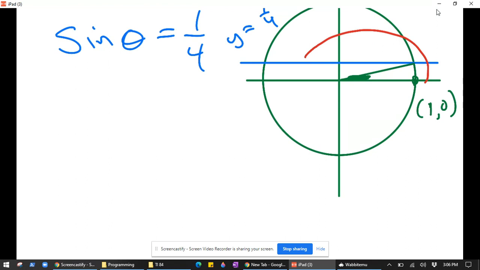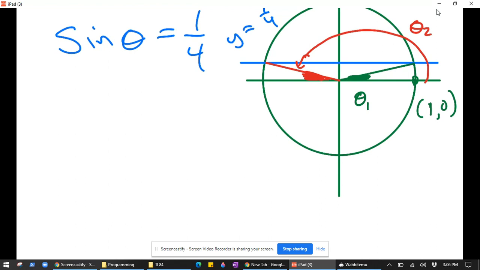Let me try making it one more time. There we go. Okay, that angle there. So one of the answers is this one here. I'm going to call that theta 1. Theta 2 is this one in red, and that's the second answer.